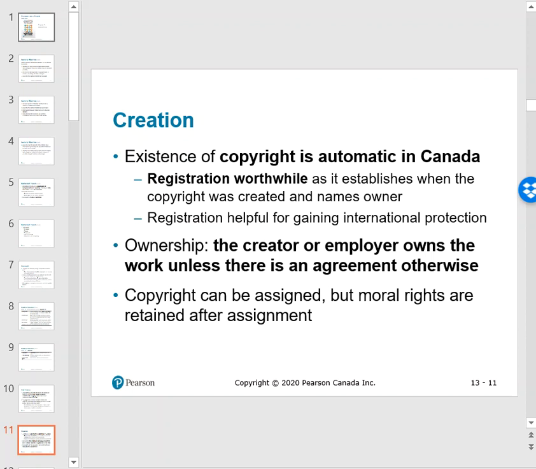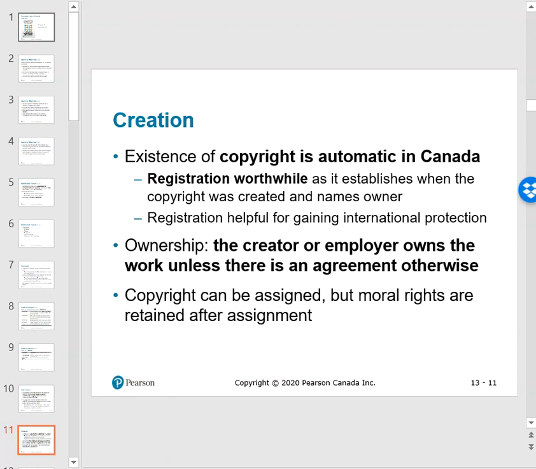In terms of ownership, who owns the copyright in an employment relationship? So let's say you work for an IT company, you work for a creative design company, or any other types of work in which copyright may be created. If the employment agreement is silent, copyright is owned by the employer because you would be using the employer's resources, and also because you would be paid a wage, a salary to create those.